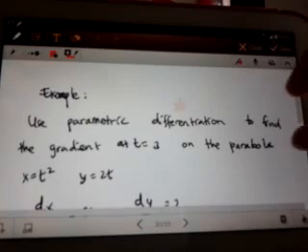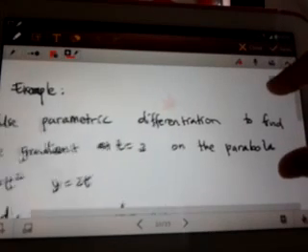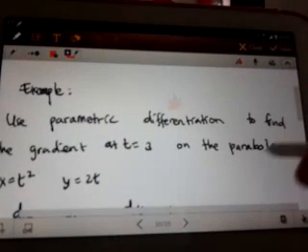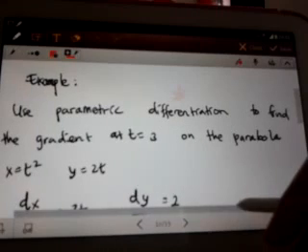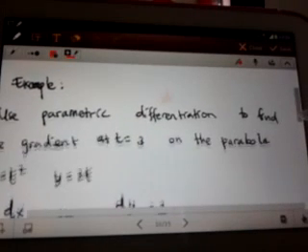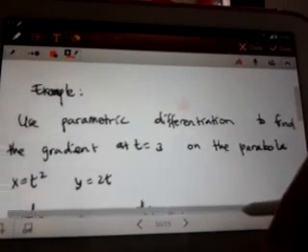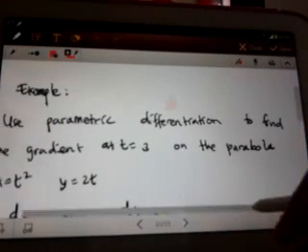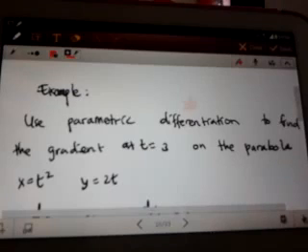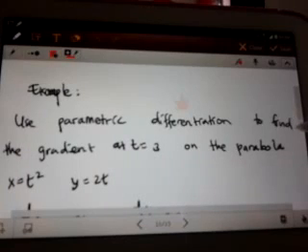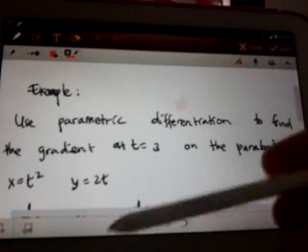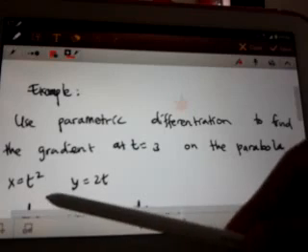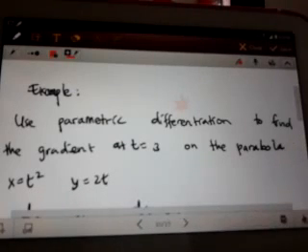This is an example question. Use parametric differentiation to find the gradient at t equal to 3 on the parabola x equal to t squared, y equal to 2t. Of course, first we have to differentiate x and y with respect to t.